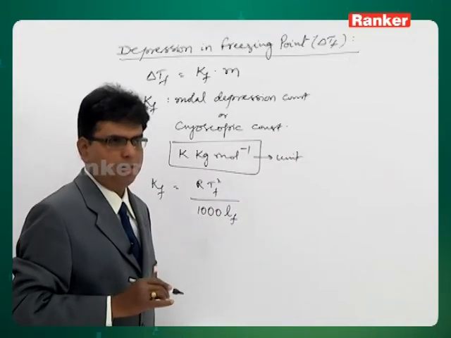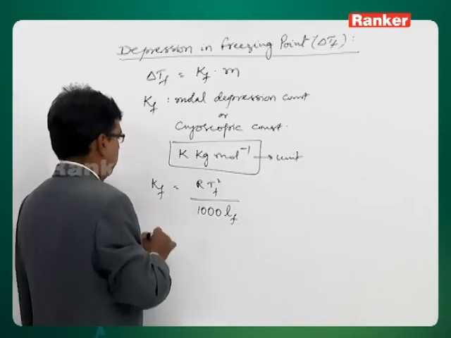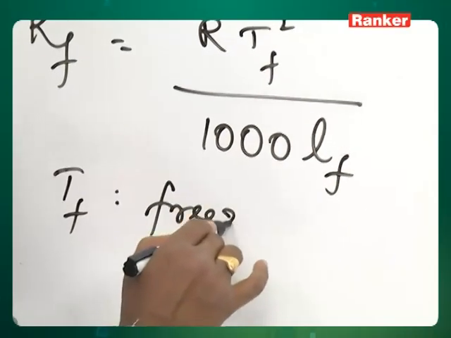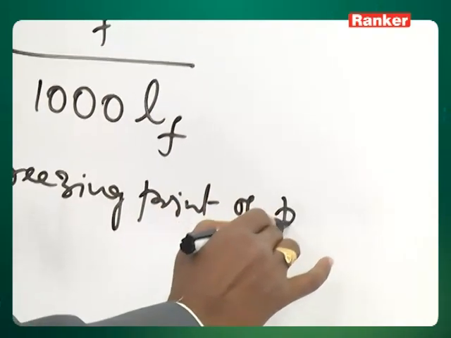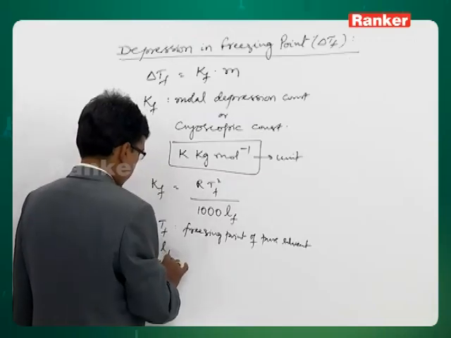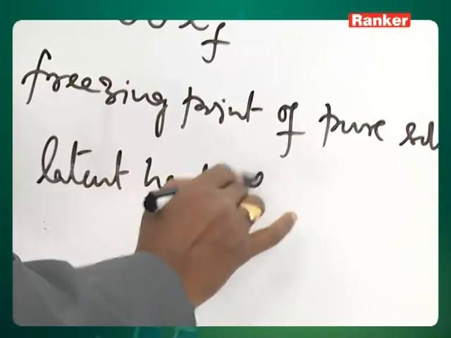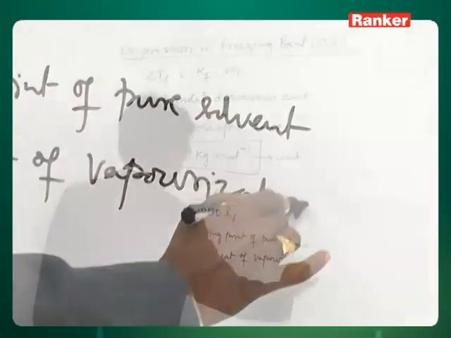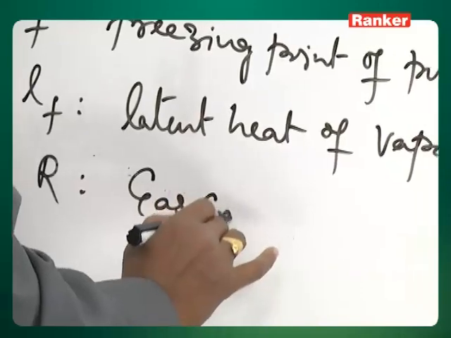This expression is exactly similar to what we wrote for Kb in the case of boiling point, where Tf is the freezing point of pure solvent, Lf is latent heat of fusion, and of course R is the gas constant.